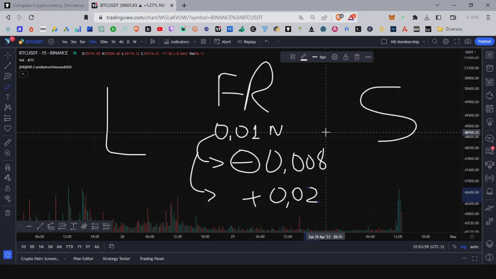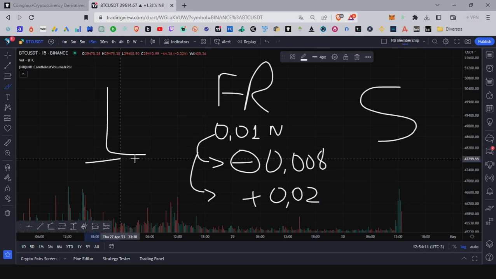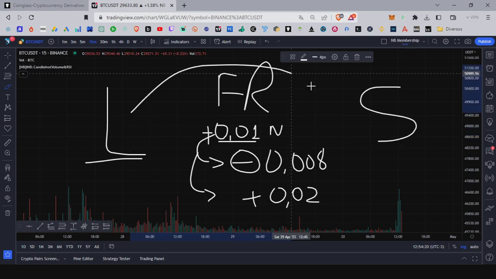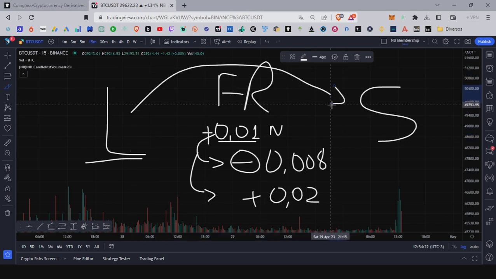I don't know why, but there are a lot of people believing that the crypto market is going to the moon and so on. 0.01 is considered a neutral funding rate, even though if you are in long positions and the funding is 0.01 positive, you do have to pay the funding rate to shorters.